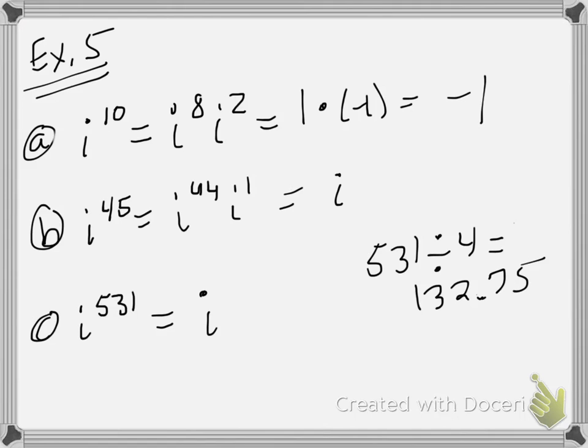We don't even care about that 0.75. We care about that 132 because we know 132 times 4, let's see, that's 528.